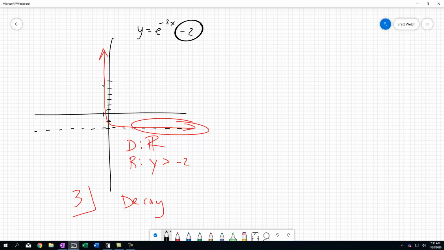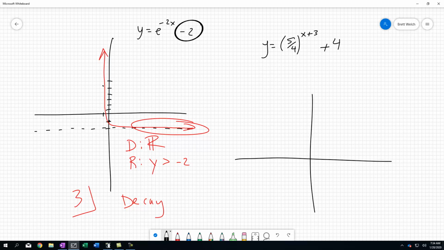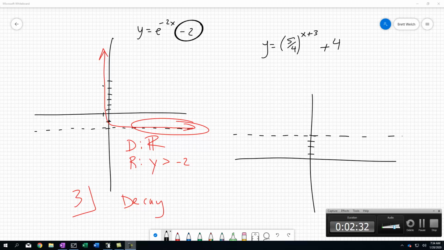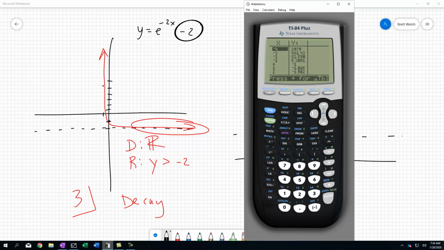So now number 2 had y equals (5/4) to the x plus 3, plus 4. Again, we know that 1, 2, 3, 4, there's going to be a dotted line. Whether we're above that line or below that line depends on the graph and the equation.